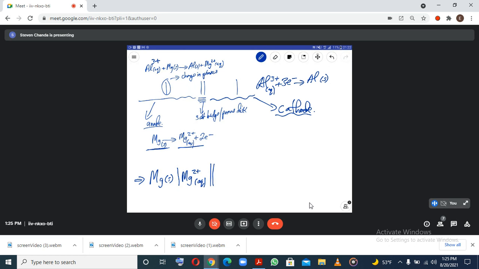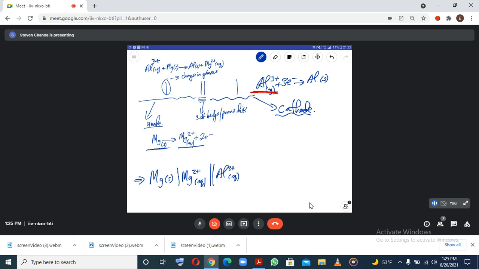So again, now how are you going to write them? You write them starting with what happened first. So you see what's happening first. It's this one that's present first. So that's why here you're going to write it first, and then your state symbols.